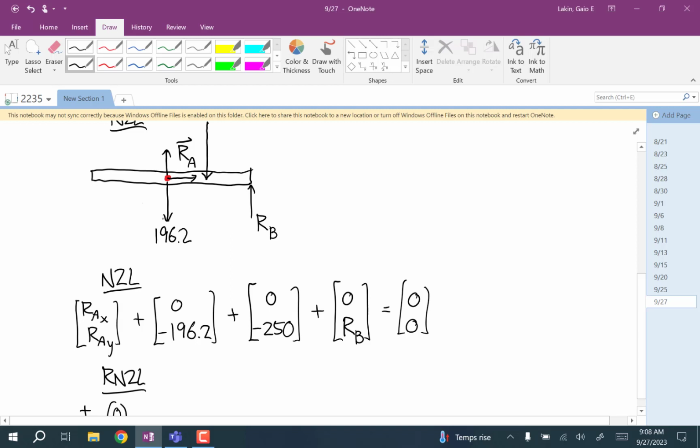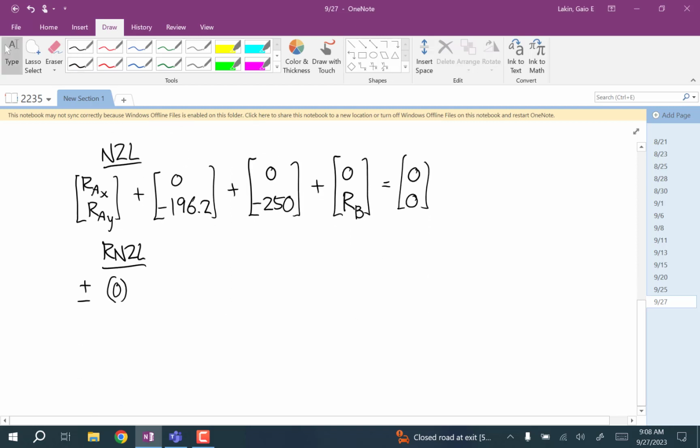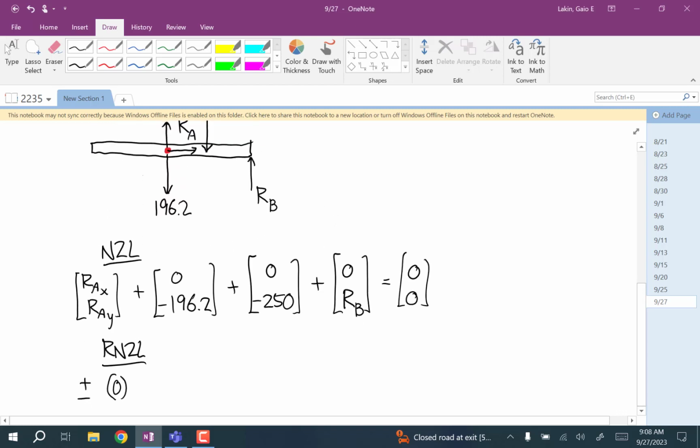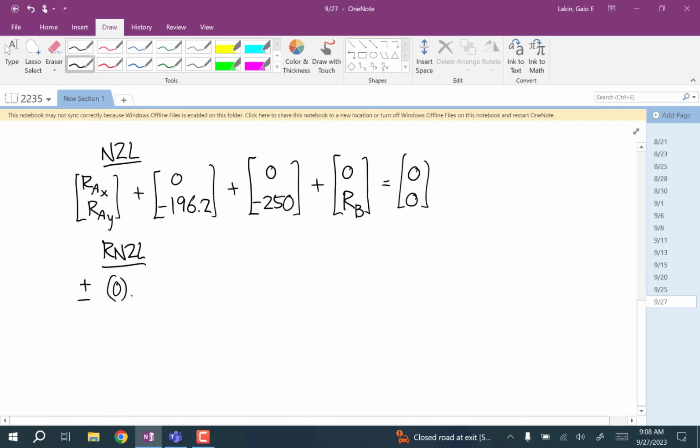Any horizontal forces are just acting right along the line of that beam, and they're not going to produce any moments. So I'm going to ignore all the x components. Again, this is just because it's a beam. It's just because it has 0 thickness. So we have 0 times RAY, and that goes away, so we don't have to worry about it.